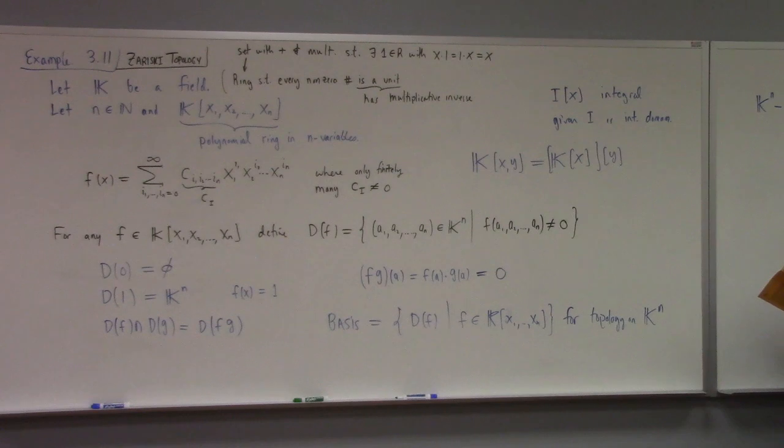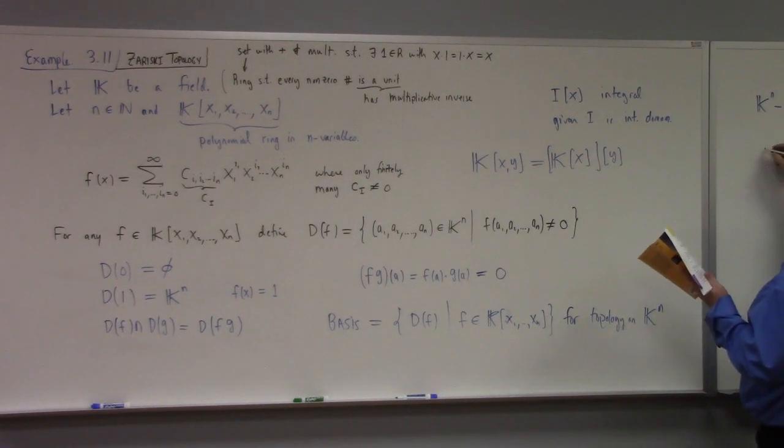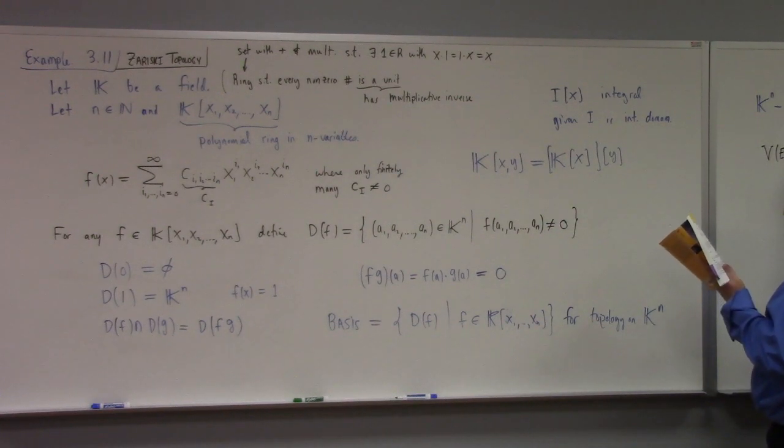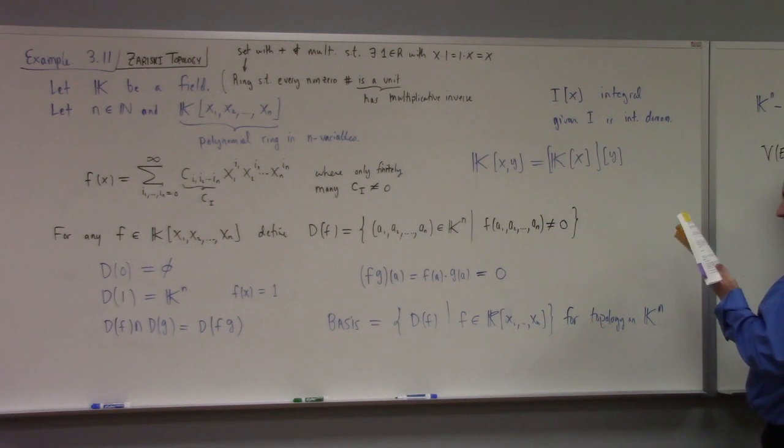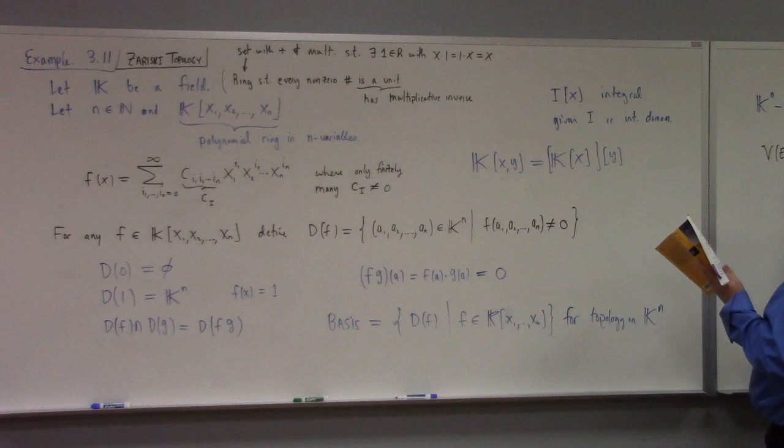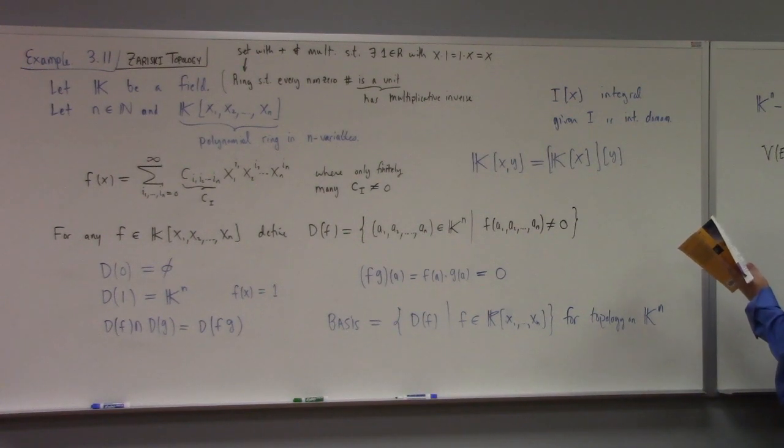Wait a minute. Well, he wrote something here. I'm not sure what this means. You guys tell me. He says VE, maybe, intersection of F and E, VF.